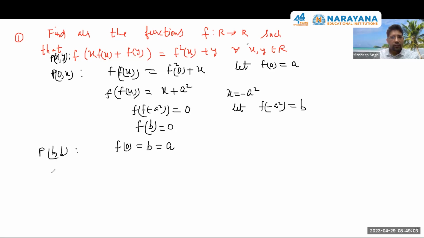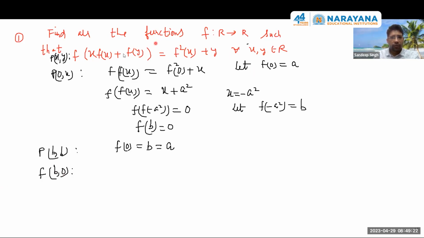Now what else can we do? I think we can put b comma 0 in the original equation. Everything we are putting in this equation, since it is valid for all x, y.